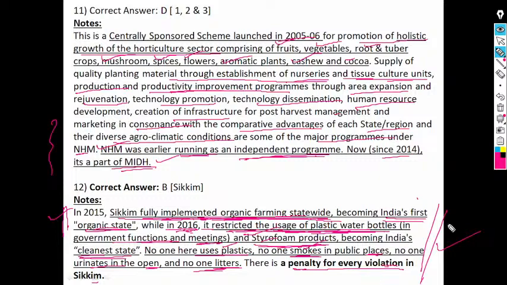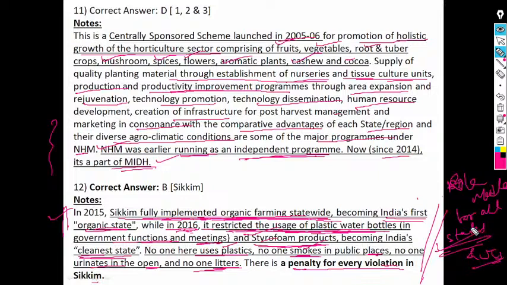So this kind of disciplinary approach is accepted countrywide, and we can say Sikkim is becoming a role model for all states and UTs.